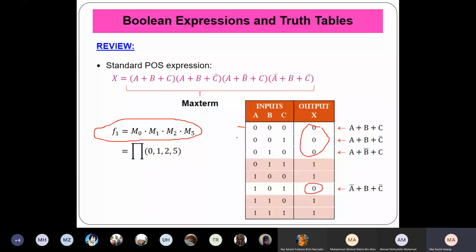This 0, 1, 2, and 5. So it can be written as the product of max terms 0, 1, 2, 5. This one you have to review back with the previous lecture.